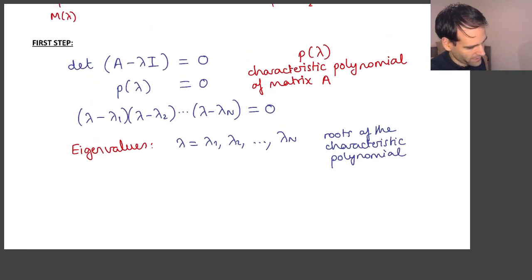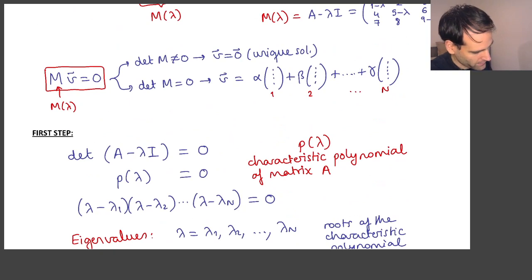So by finding these eigenvalues, we will know that we have found the values of lambda such that, in this case, the determinant of M equals 0.